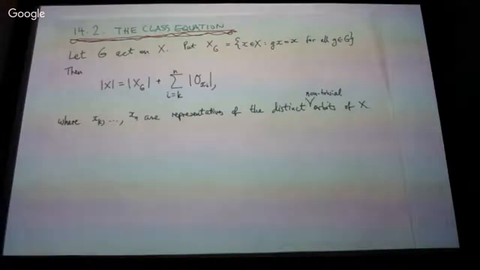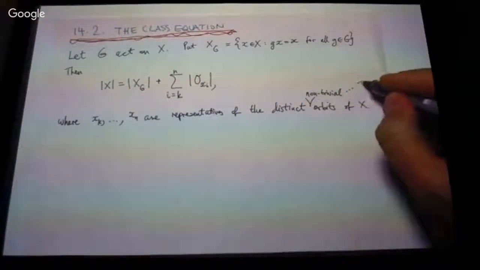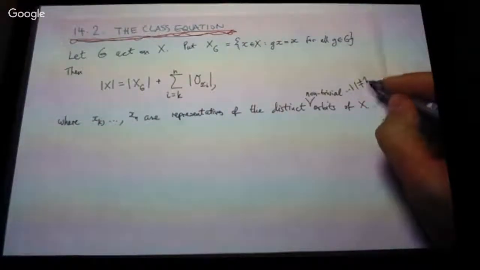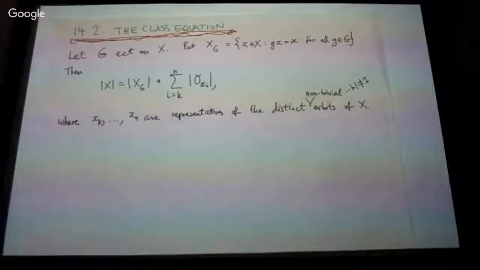Non-trivial means size is not 1. So a trivial orbit is one that only has one element, and all the others are non-trivial.